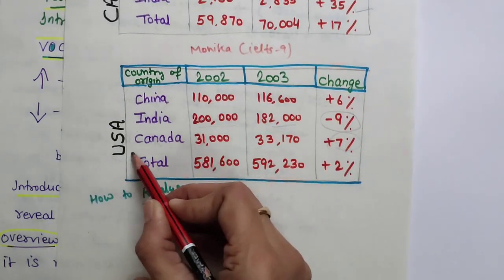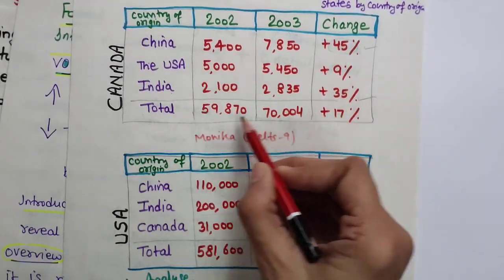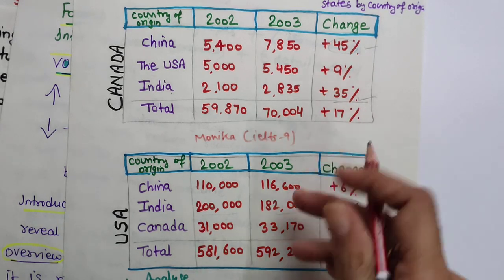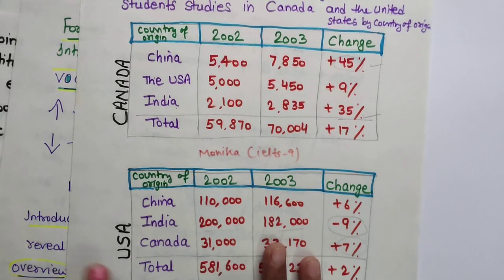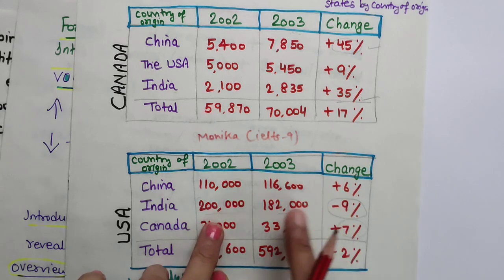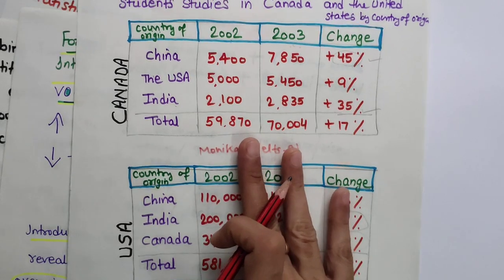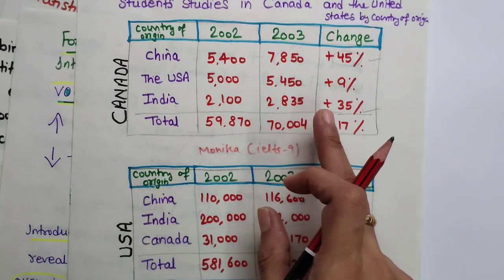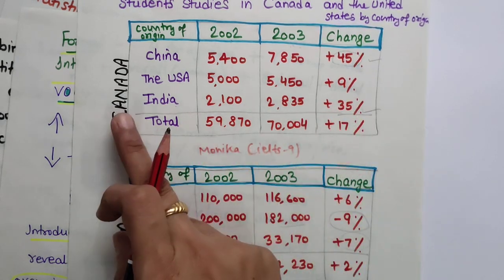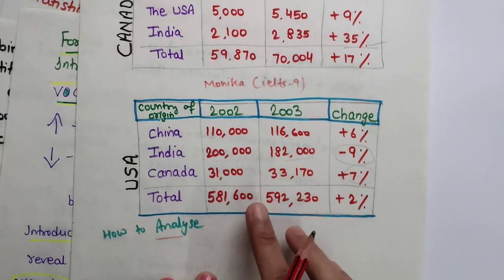These are total figures they have given. They have counted the total number of students and the total change in overall percentage. I can notice that Indian students declined from these to these figures, meaning a lower percentage. Overall, students are preferring to go to Canada in terms of change in percentage. But overall, if you look at the number of students in the USA, it has more.